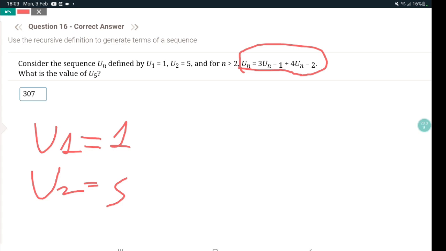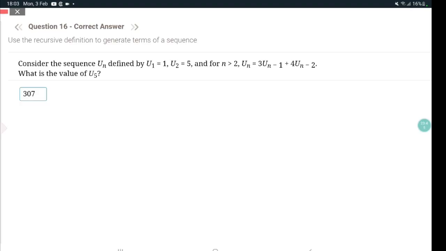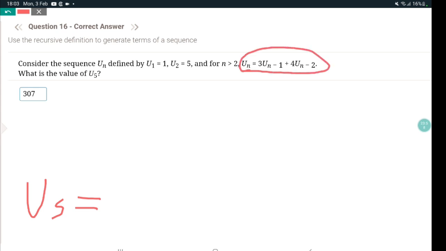They want u5. So let me clear the red. To find u5 we need to use this rule again, which is 3 un minus 1 plus 4 un minus 2, where in our case n is 5.